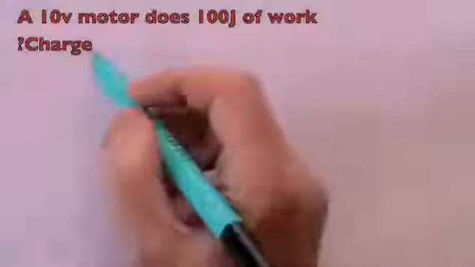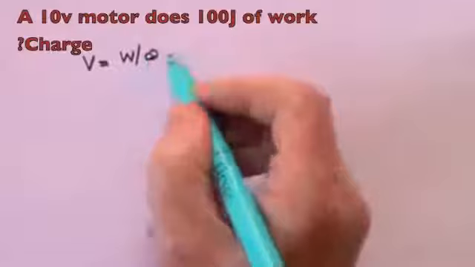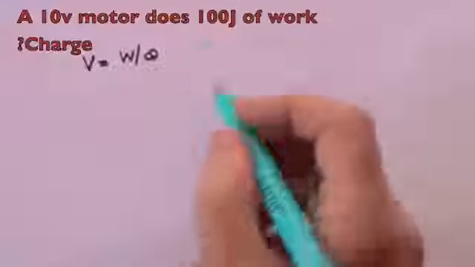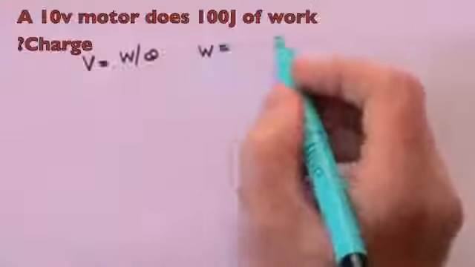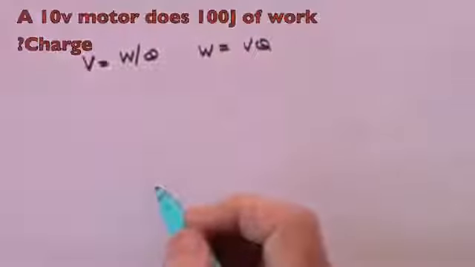Question 3. We have a 10 volt motor, and we are asked what is the charge that will be required if that motor is to do 100 joules of work. For this we need the formula that voltage is work done divided by the charge, and that gives us that work is equal to the voltage times the charge.